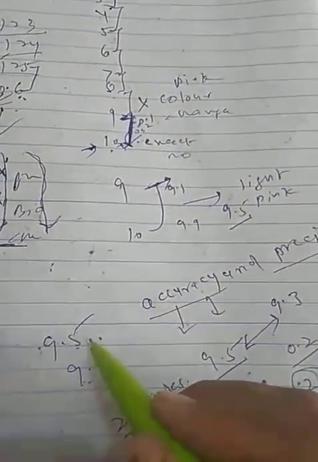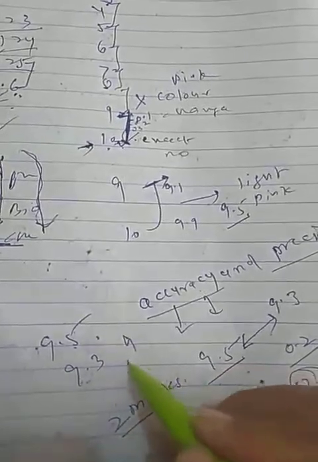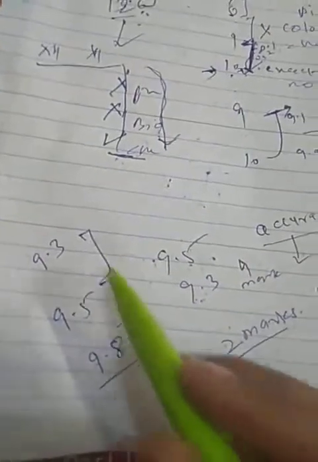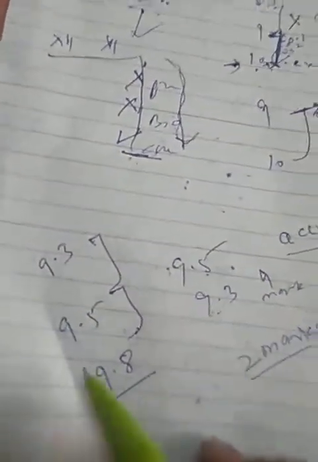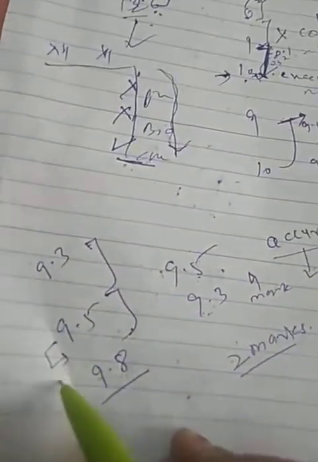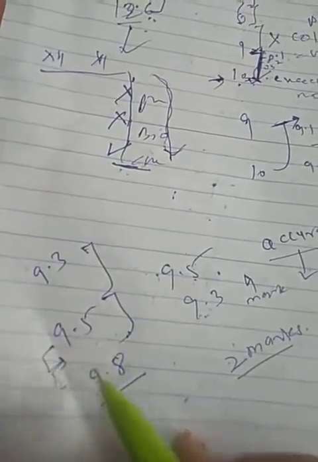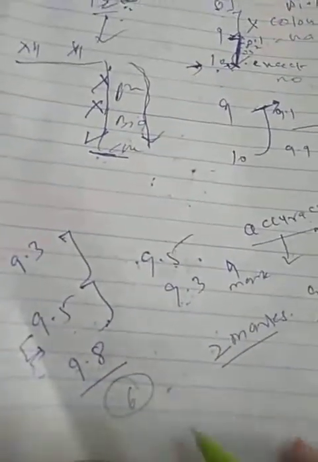So if my reading is 9.5 and your reading is 9.3, you will get 4 marks less, means you will get only 6 marks. If my reading is 9.5 and your reading is 9.8 or here 9.3, so plus error or minus error, whatever is there, every step you will lose 2 marks. So a 0.3 difference, you will lose 6 marks.